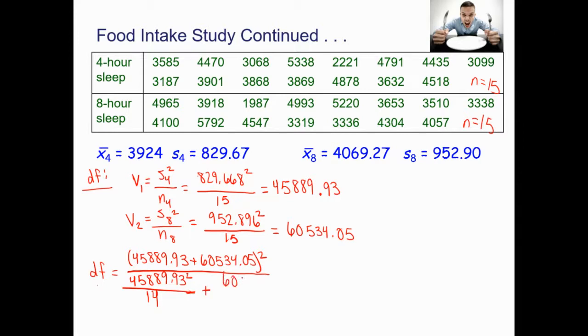Plus 60,534.05 squared over 14. Again, to save us time on the calculation aspect of it, you should get 27.48, which means when we truncate, or as we'll put it, when we floor the number, what do you get for degrees of freedom? 27.